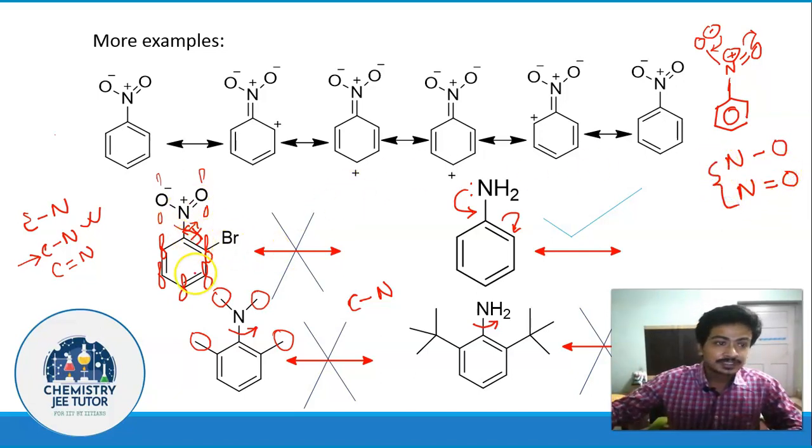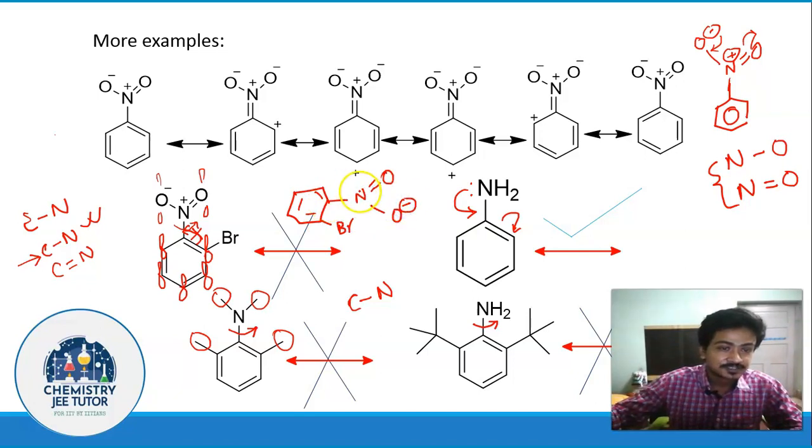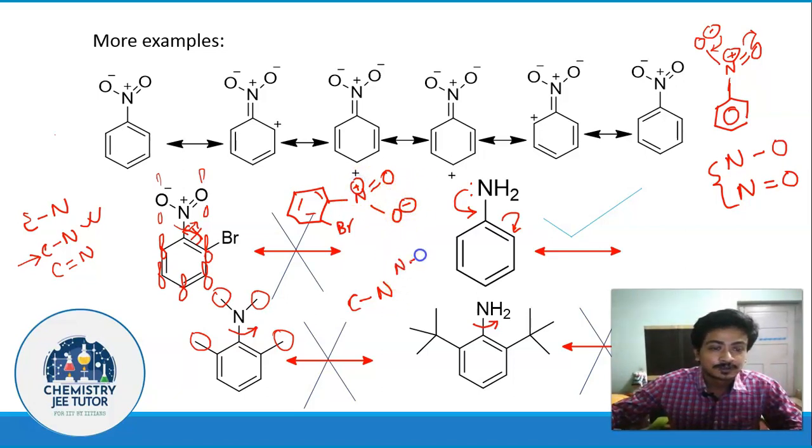Now in this case where there is a bromo substitution, if you measure the NO bond length, what do you expect and what are you going to end up with? Remember this thing is prohibited. This thing is prohibited because this has moved.